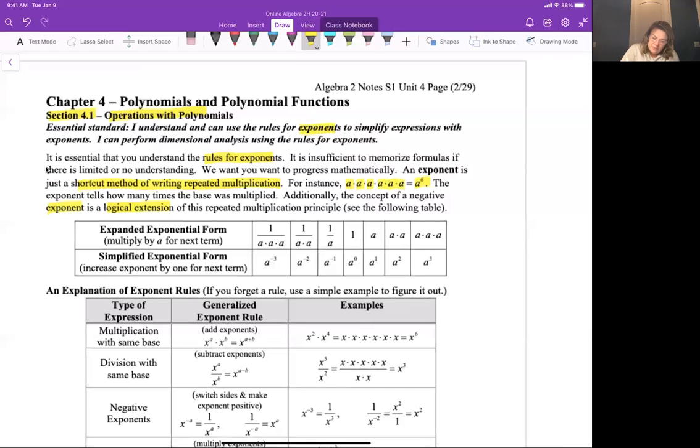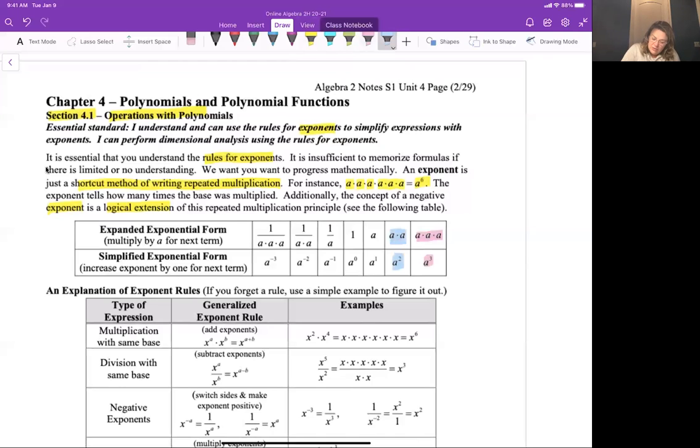Additionally, the concept of a negative exponent is a logical extension of this repeated multiplication principle. See the following table. Let's start from the right side of the table and move to the left, and you'll notice the pattern. If I have a times a times a, it's the same as a to the 3rd. A times a is a to the 2nd power.